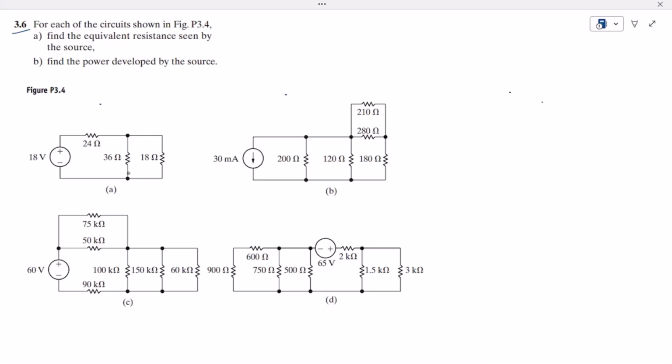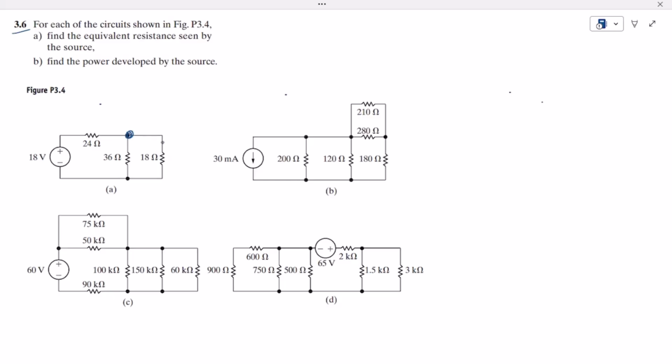Here we will find the equivalent of each combination and then write it here. For each equivalent I am going to use a separate color. For part A, we have to start from the very end.